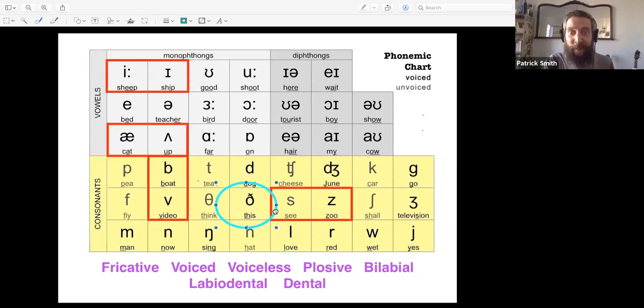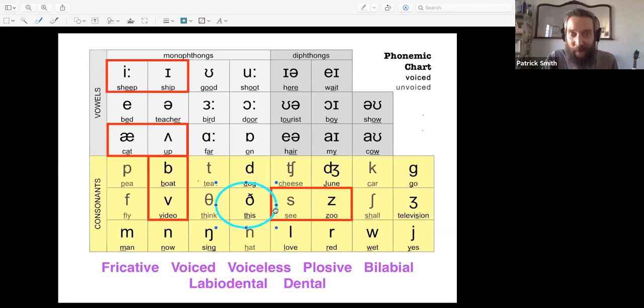French speakers, for example, never say this in English. They substitute a z, and they say zis, and the correct sound, this. So it kind of depends on your mother tongue, what's more comfortable to make. I really don't know much about French, but I suppose that they don't have a voiced TH.